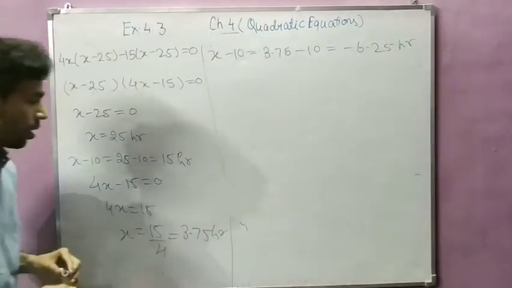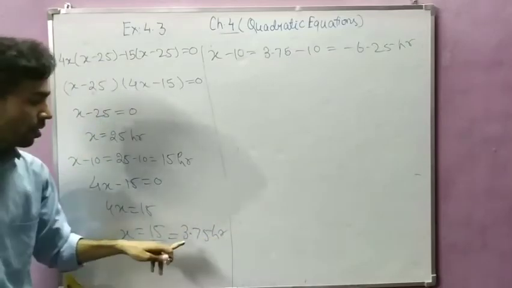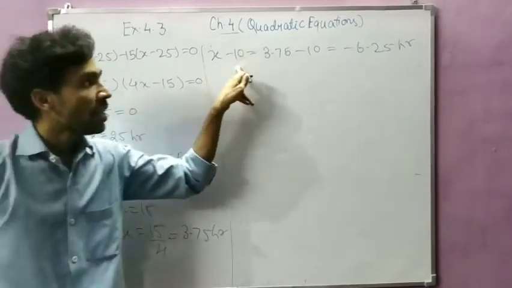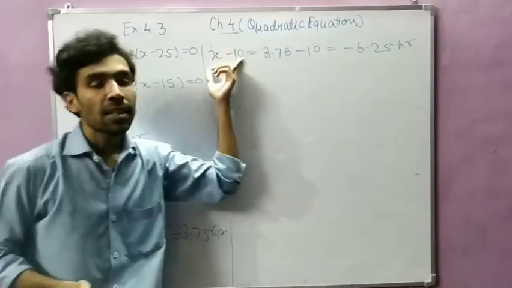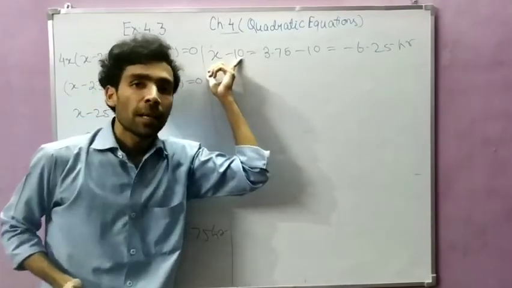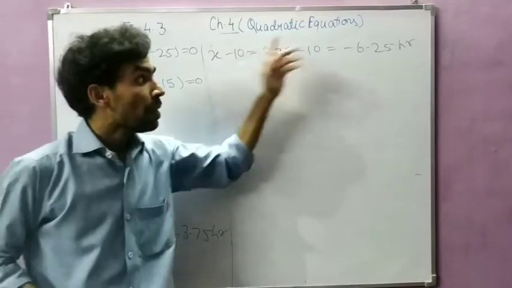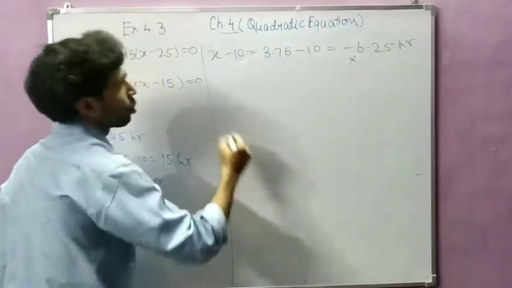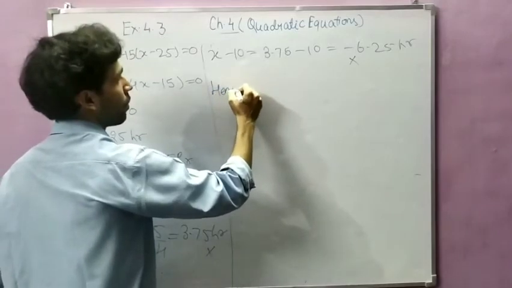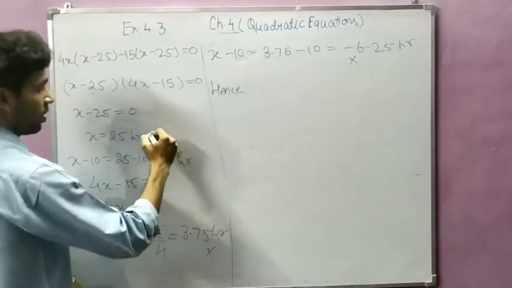See student, when value of x comes 3.75, x minus 10 comes minus 6.25, and that x minus 10 is the time of the larger tap. So larger tap will take time in negative? No. So this value we will not take. So hence first value will be correct.